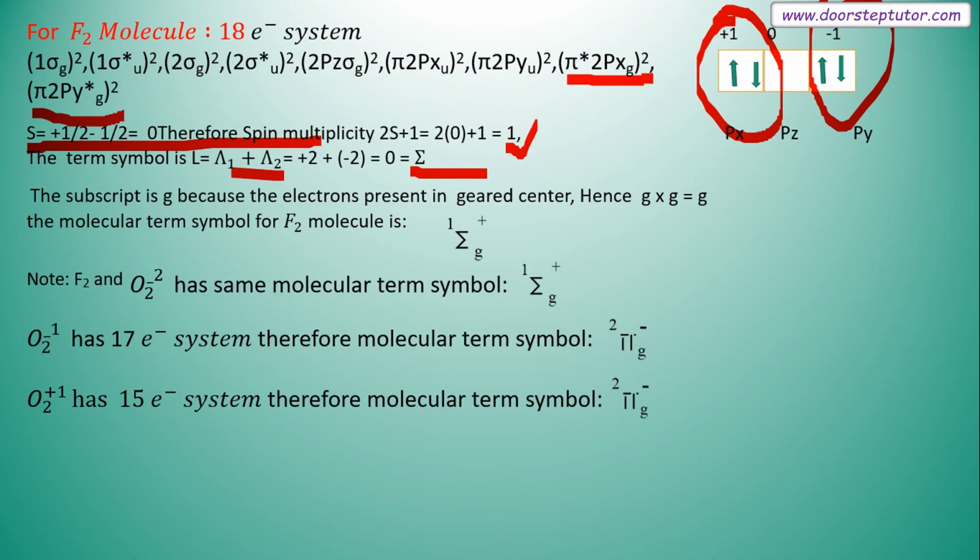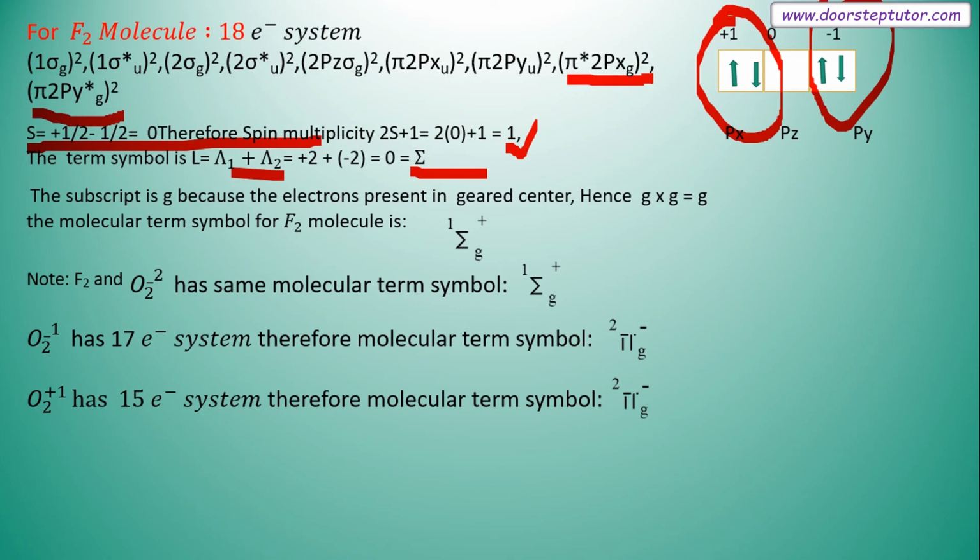I have not mentioned these energy orders, because here, if it is a 17 electron system, you can remove one electron from the π*2py, then it becomes a 17 electron system, right? If it is a 15 electron system, you can remove one electron from the π*2px, then it becomes a 15 electron system. So if it is a 15 electron system, only one electron will be present.